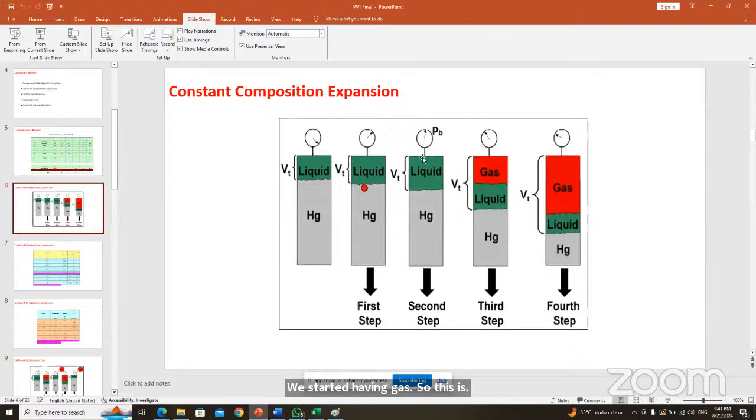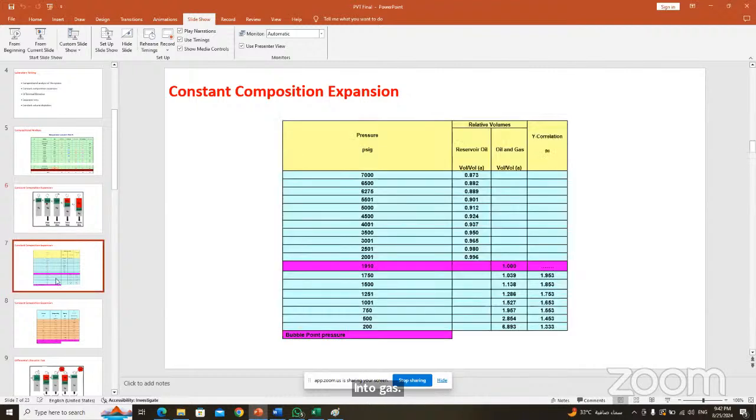This pressure is the bubble point pressure. As we go below the bubble point, the volume of the gas starts to increase, and the volume of the liquid decreases. Why does the volume of the liquid decrease? Because some of this liquid volume is transformed into gas.